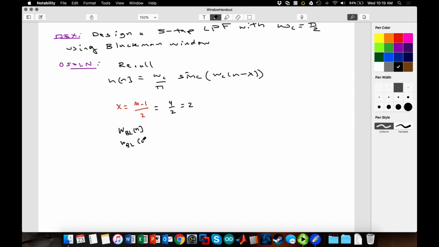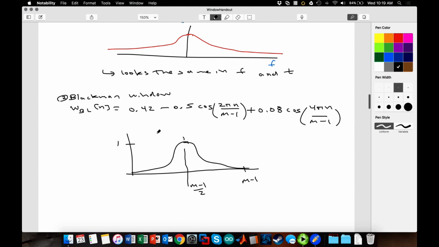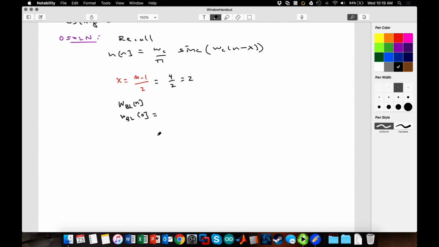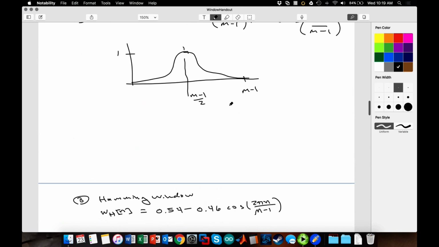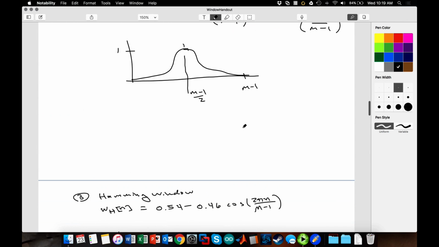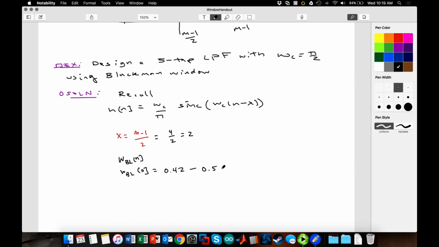So w_BL of 0 is, if I come back and take a look up here, going to be equal to 0.42 minus 0.5 times the cosine of 2 pi n over 4, so times the cosine of 2 pi times 0 divided by 4, plus 0.08 cosine of 4 pi times 0 over 4.